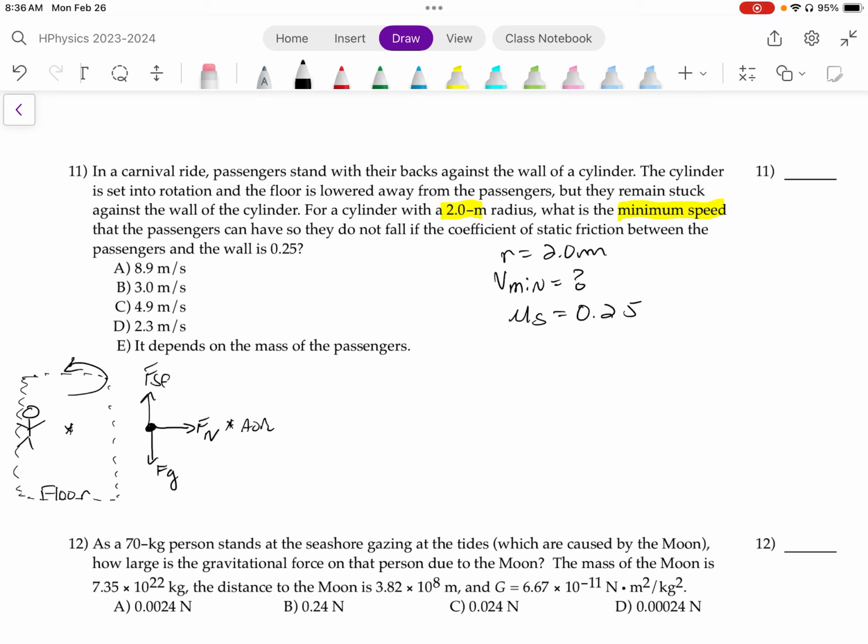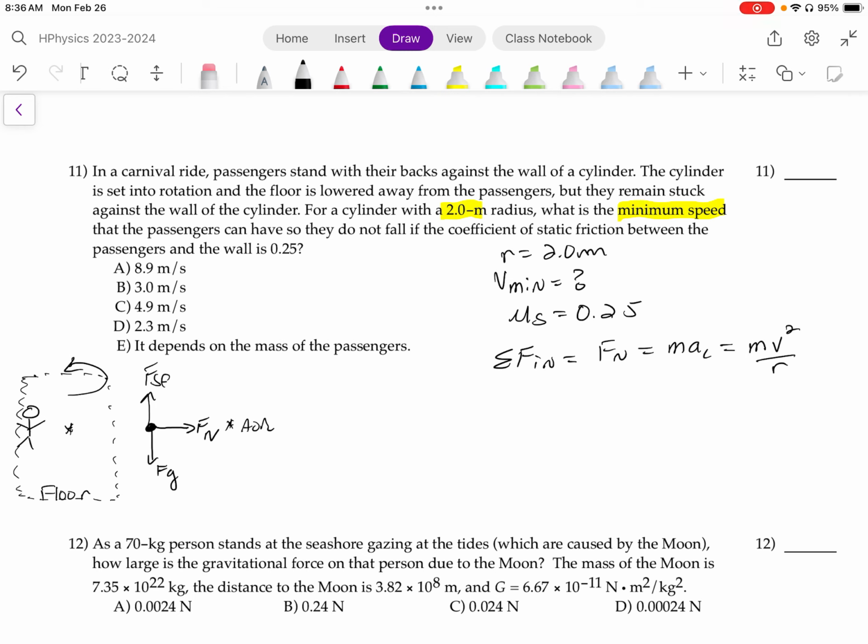Okay. So I will sum the forces inward. It will equal the force normal from the wall, because that's the only force pointing towards the center of the circle, times mass times centripetal acceleration, which I will use v squared over r as my definition because the question is asking about the linear speed.